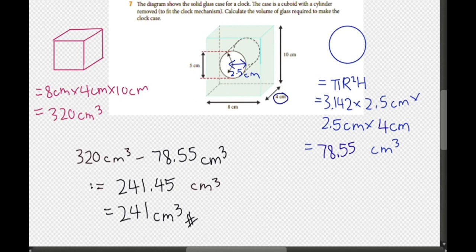Hence, it will be 320 cm cube minus 78.55 cm cube, which we will get 241.45 cm cube. And after converting it to just 3 significant figures, our answer will be 241 cm cube.